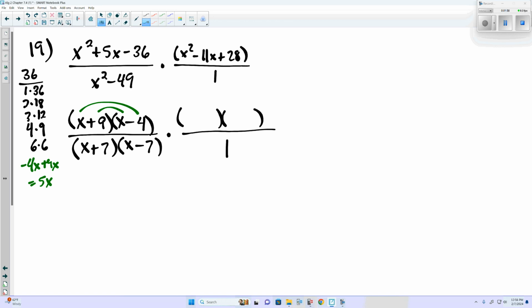The other one, x squared minus 11x plus 28. Since the third term is positive, our signs are the same and match the sign of the middle term. Factors of x squared are x and x. Now 28 is 1 and 28, 2 and 14, 3 doesn't work, but 4 and 7.